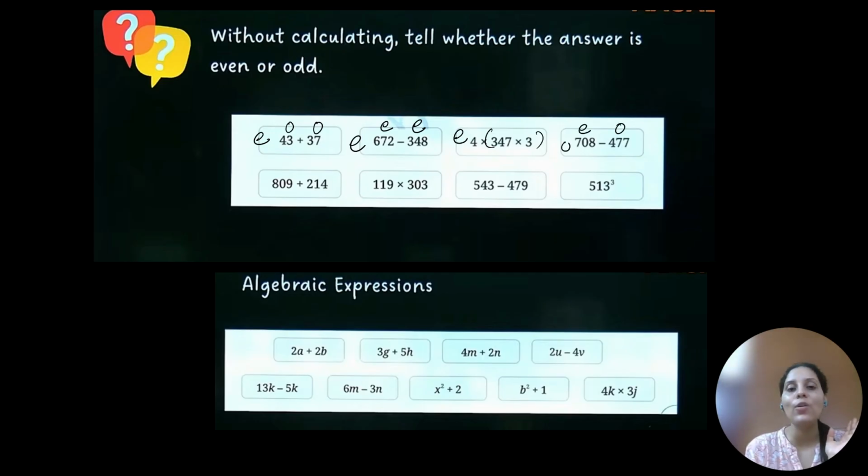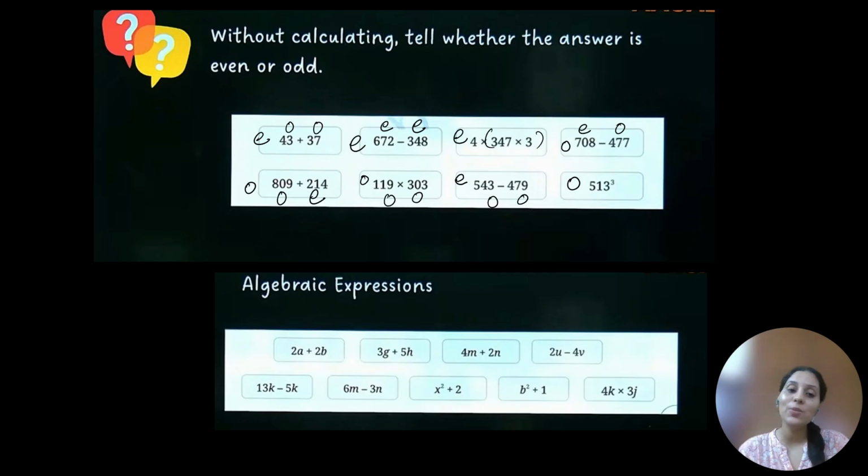Different parity, odd. Odd and even. Different parity, odd. Now, odd into odd is always an odd number. Odd, odd, same parity, even. Now, 5 and 3 whole cube. It is odd because 3 cube, at the end, you're going to get 7, which is odd.